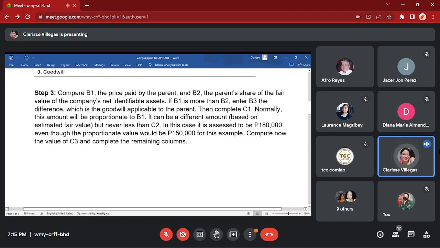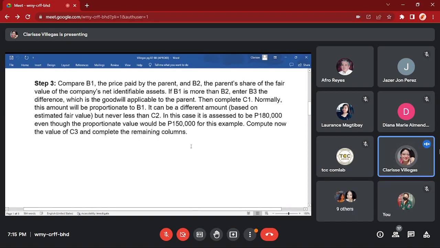Then complete C1. Normally, this amount will be proportionate to B1. It can be a different amount based on estimated fair value but never less than C2. In this case, it is assessed to be 180,000 even though the proportionate value would be 150,000 for this example. Compute now the value of C3 and complete the remaining columns.